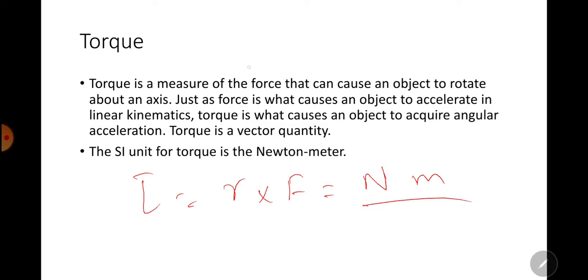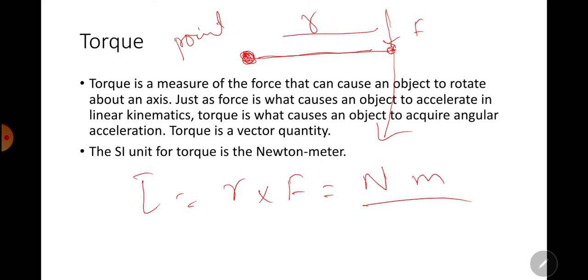Now if this is a point about which rotation takes place, and force is acting at this point, the distance between the point of rotation and the point of action of force is the moment arm. So the distance between the fulcrum, the point of rotation, and the point of action of force is called the moment arm.